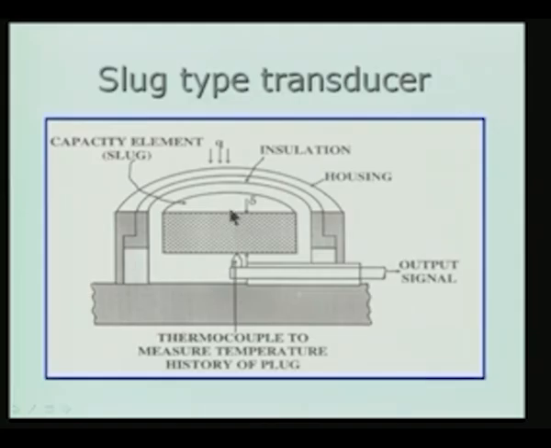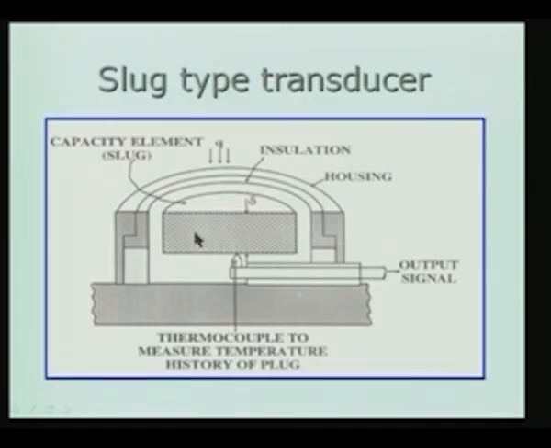That means that the entire slug at any time t after the start of the experiment can be assumed to be a uniform value of temperature. Okay. This is one assumption which can be made in case delta is small and the thermal conductivity of the material is large enough, so that we can assume that. That means that the entire slug is going to actually go up in temperature uniformly throughout.